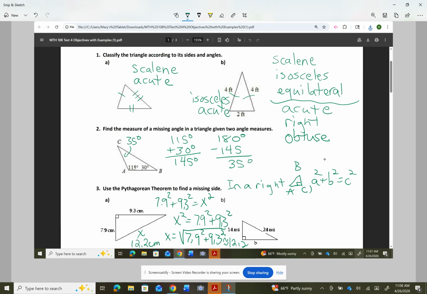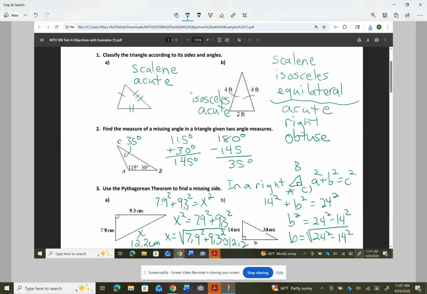Now on the other one, when I go to set it up, I know that 14 squared plus b squared would have to equal the long side squared. And so the b squared would equal the 24 squared minus the 14 squared. And rather than introducing round off error, I'm going to go ahead and just type that in, the square root of all of that.